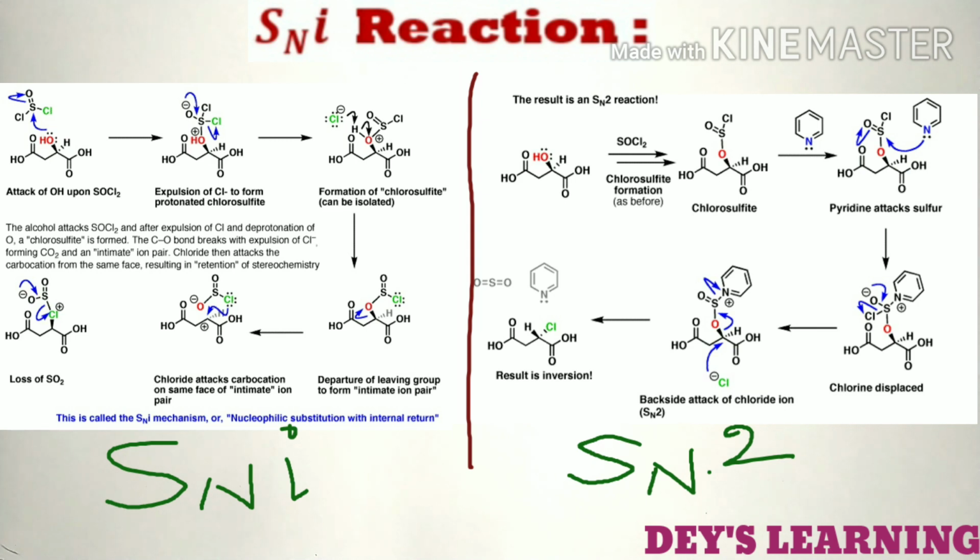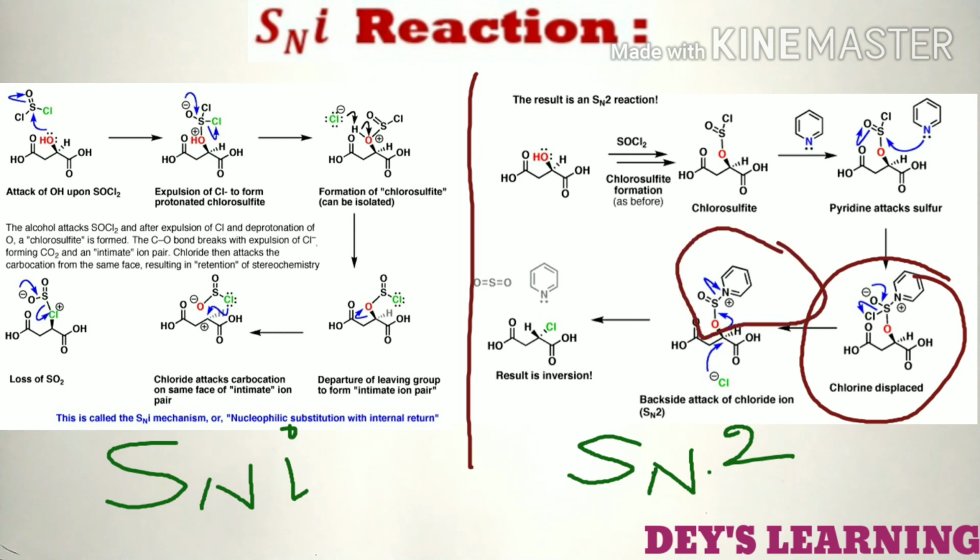So the Cl minus ion actually becomes free, and this part acts as a very good leaving group. So the Cl minus ion attacks from the backside of this leaving group. As a result of that, we get the inverted product, right? So in presence of pyridine, the course of the reaction is actually changed. As a consequence, we get the inverted product.